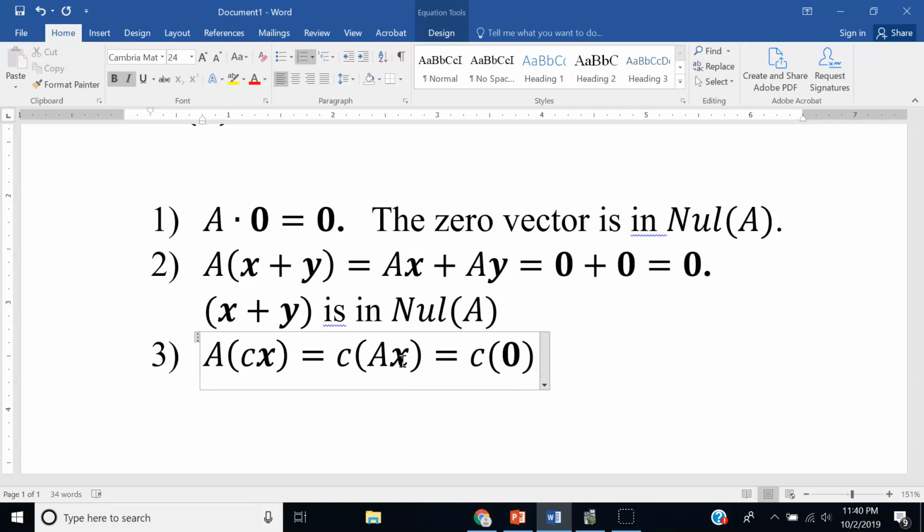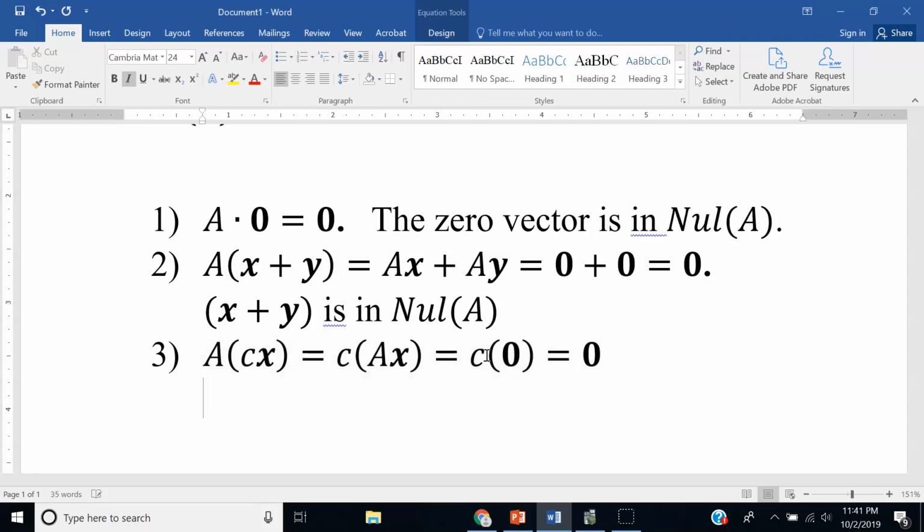All right. Now, anytime you take a scalar times the zero vector, you're just going to get out the zero vector.